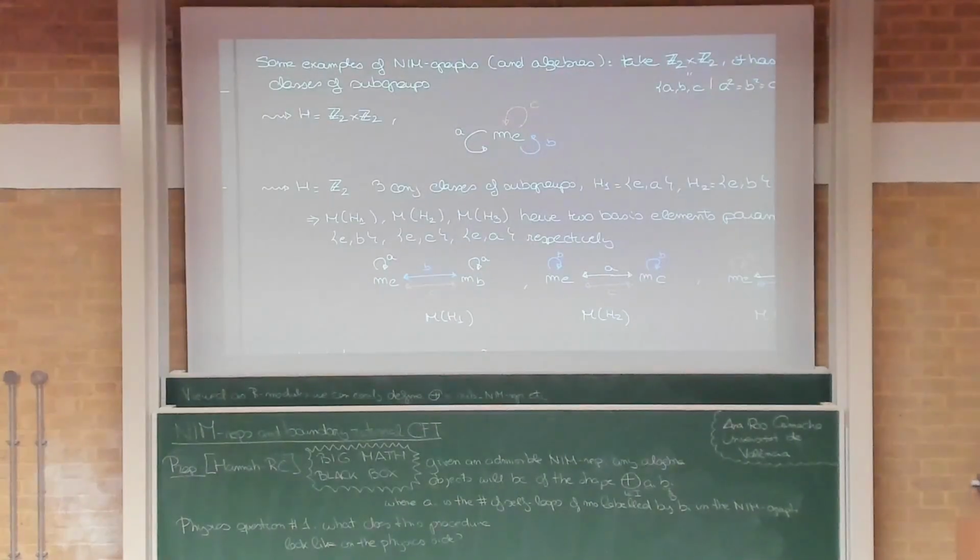How are you choosing M0 in the graph? Sorry, what?